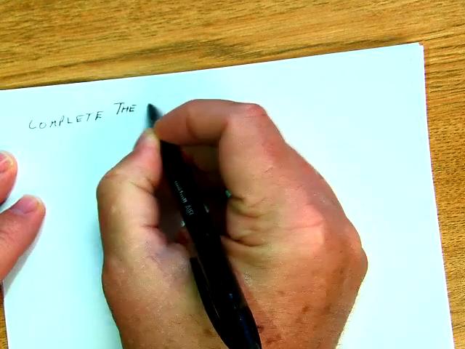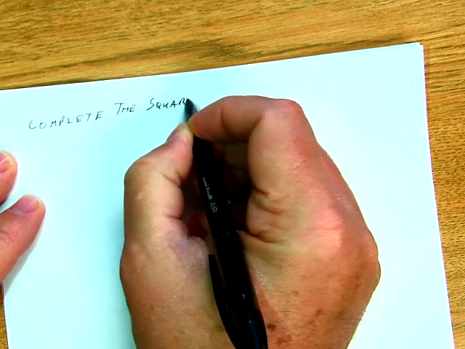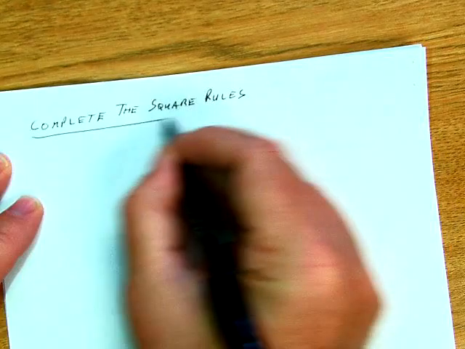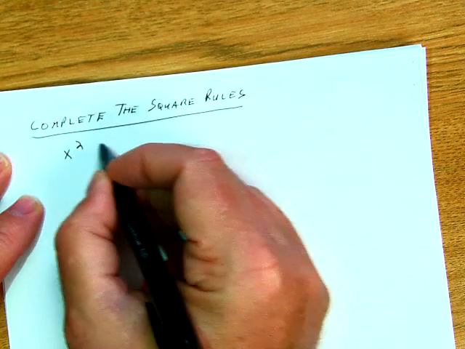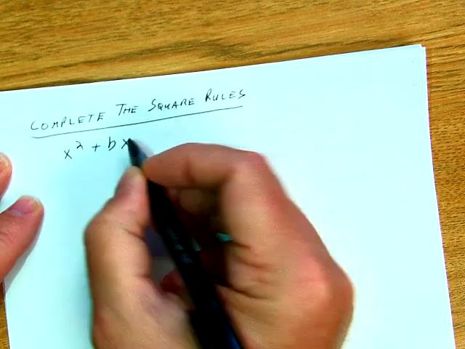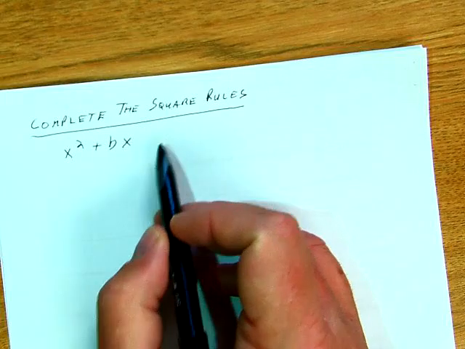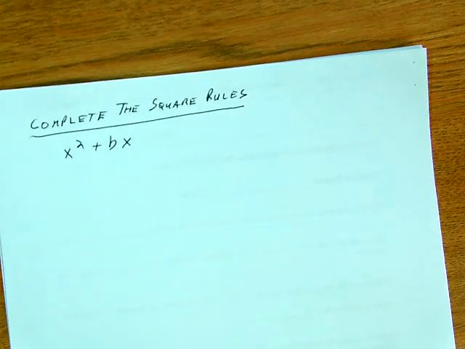All right, let's look at an example. Well, first let's look at the rules for complete the square. The complete the square rules are pretty simple. You must start with something in that form. It can be more than that, but your equation must at least be x squared plus bx. You can have a c value or not, okay? But you have to have that.